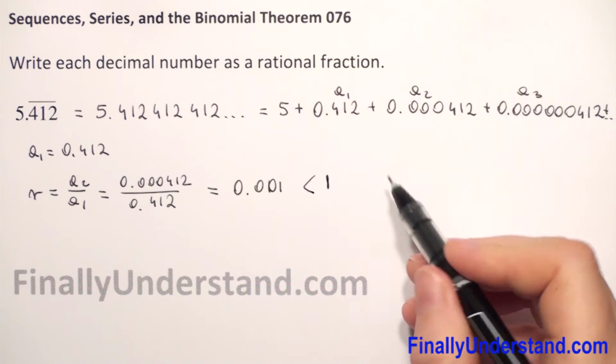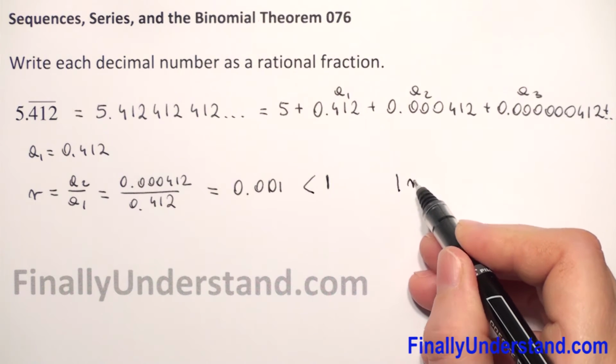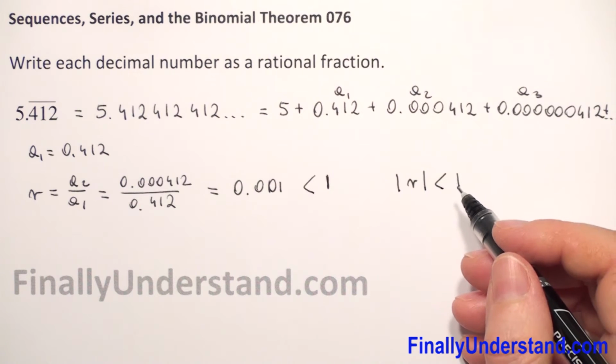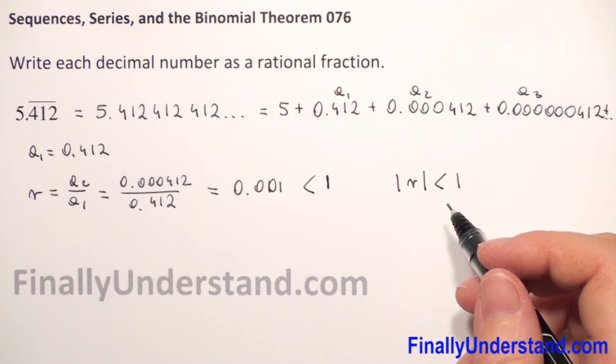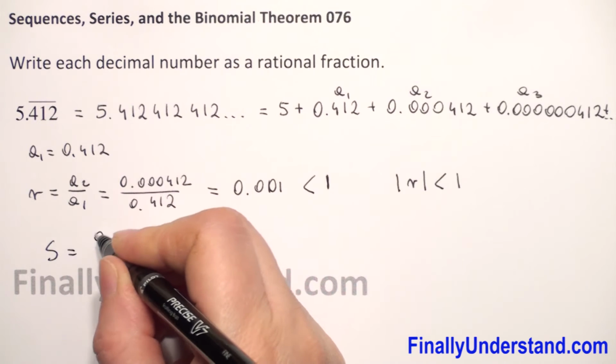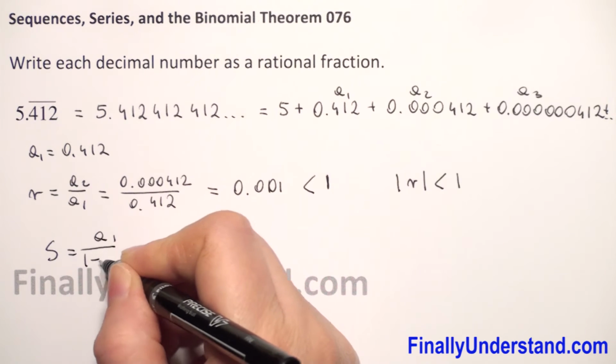And we know that when the absolute value of r is less than 1, the infinite geometric series converges. When the infinite geometric series converges, we can calculate the sum by the formula S equals a1 over 1 minus r.